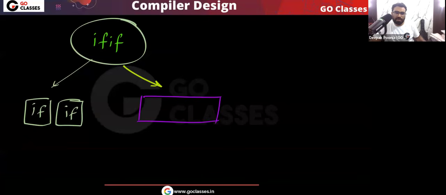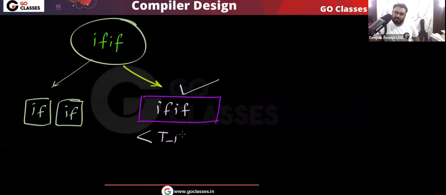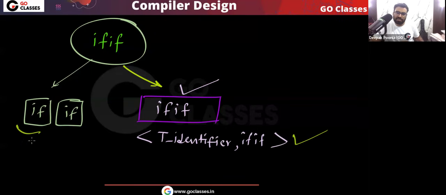So remember, there will be a single identifier, "if", and this is correct. And what will be the token? The token will be identifier. So this is correct and this is wrong. I hope you understood this point.